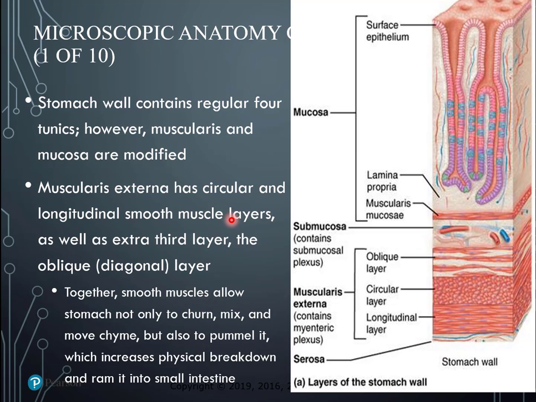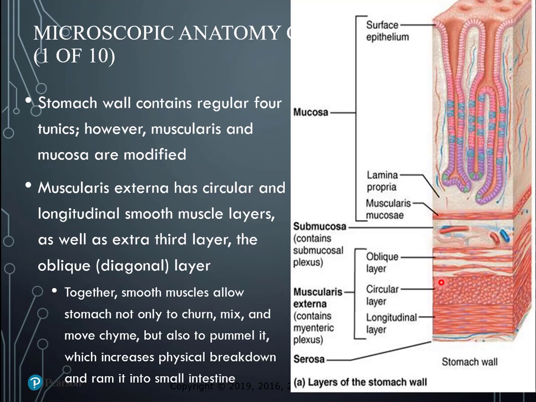So the muscularis externa, which is the muscle layer of your stomach, would have three layers, contrary to the two layers that are found mostly in the tubes of the gastrointestinal tract, such as your esophagus, your intestines, and the colon.